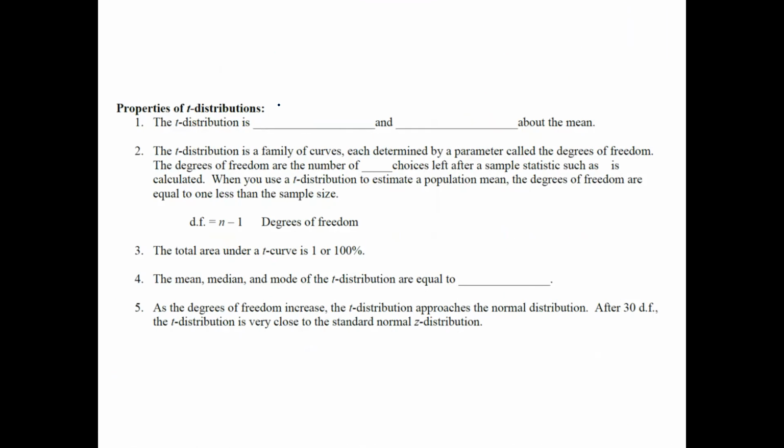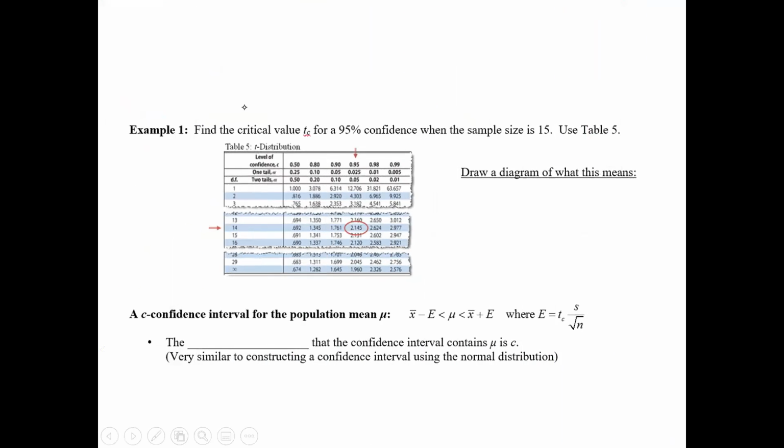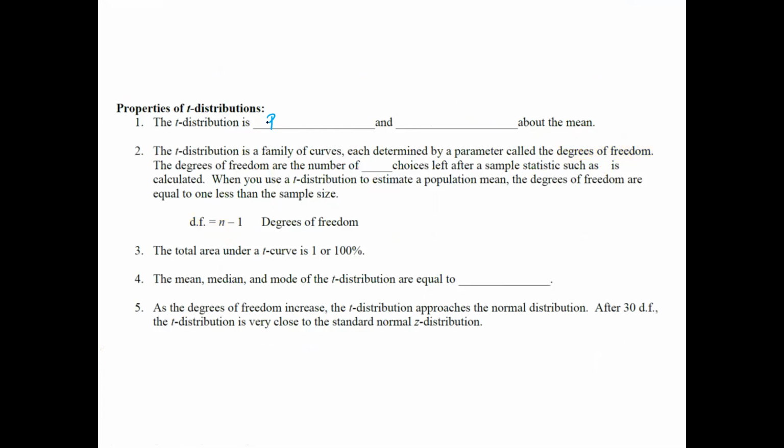Properties of a t-distribution. The t-distribution is always going to be bell-shaped, and it is also going to be symmetrical. Symmetrical means that it looks like this. If I fold it over, it's exactly the same.